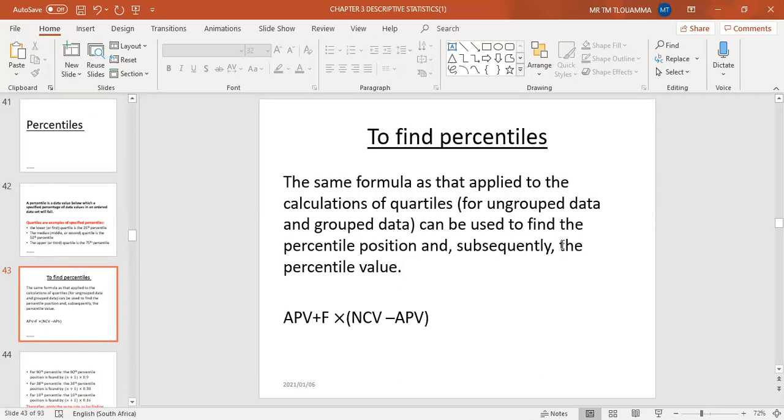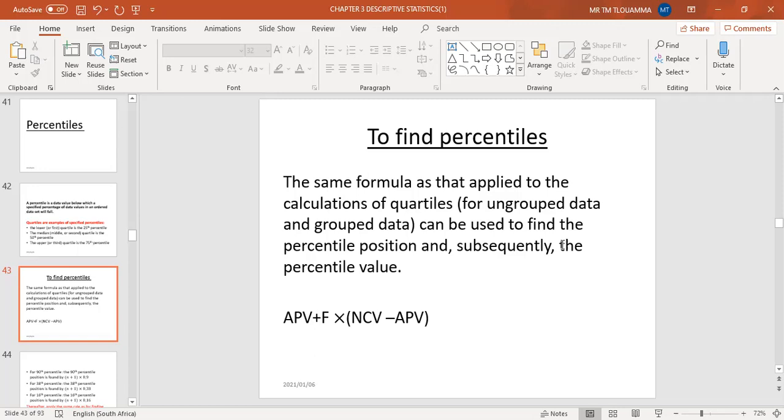So with the percentiles, we're going to say APV. Remember, with the quartiles we say AQV because the Q represents the quartiles. But since you're talking about percentiles, we say APV. The only change is the P and the Q. With deciles, we would say ADV.